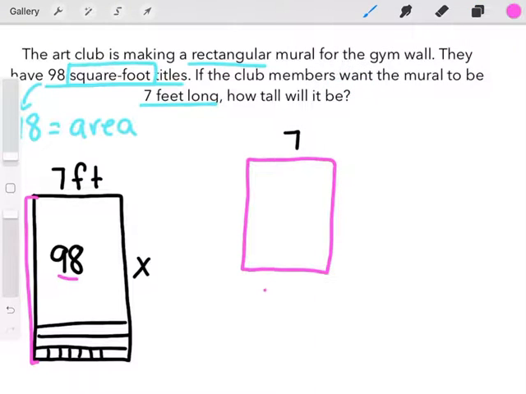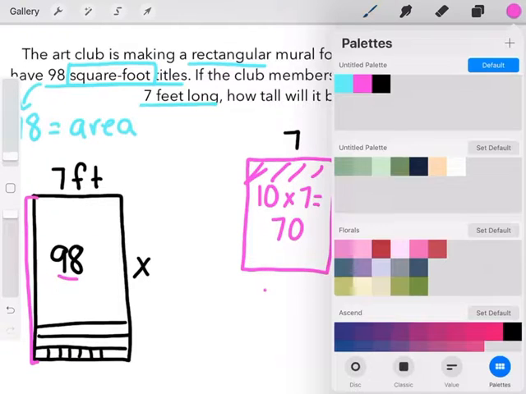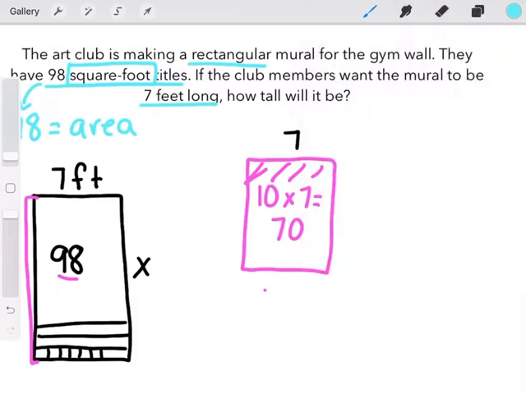If I have 10 rows that are 7 feet long, my area for this space is going to be 70. So that means this side has to be at least 10, right? Because 10 times 7 equals 70.